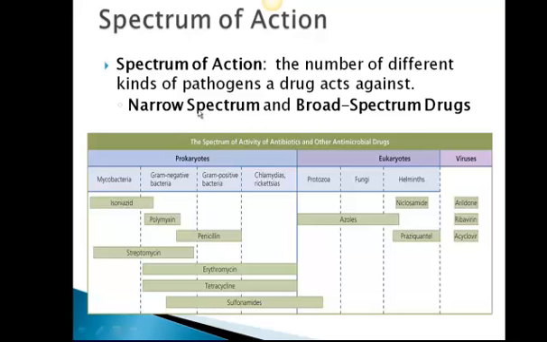So we talked about some narrow spectrum antibiotics, like the penicillins, that are mostly going to be effective against gram-positive bacteria, and the polymyxins that are mostly going to be effective against gram-negative bacteria. And then there's also some broad-spectrum antibiotics that are reactive against a large range of microbes, such as the tetracyclines and the erythromycins.